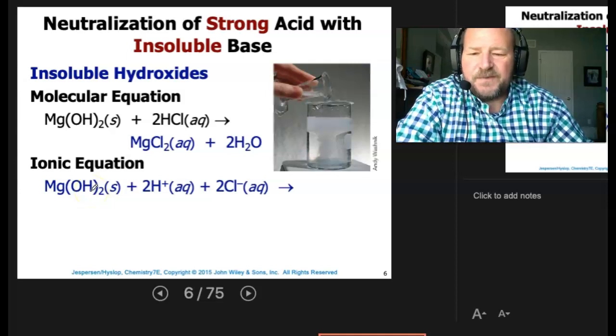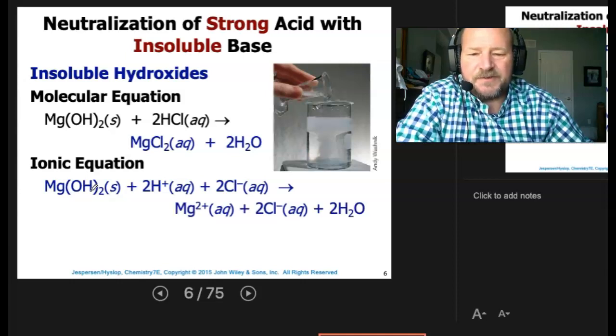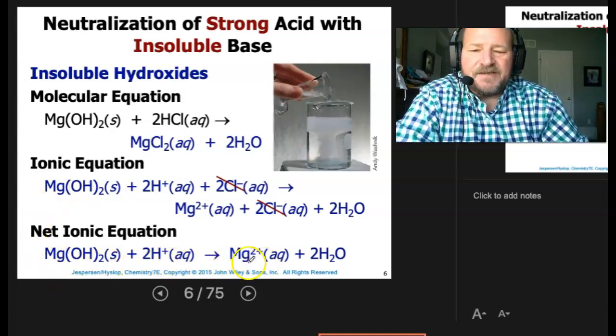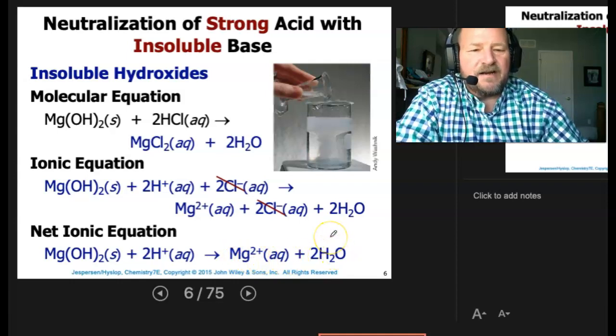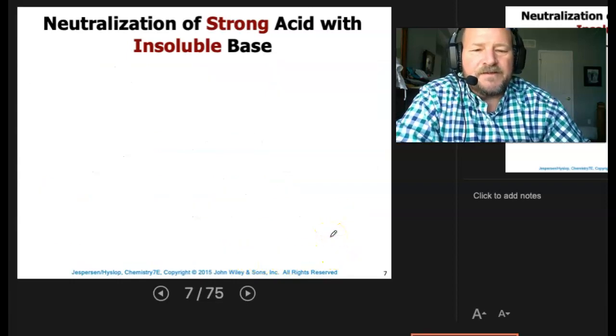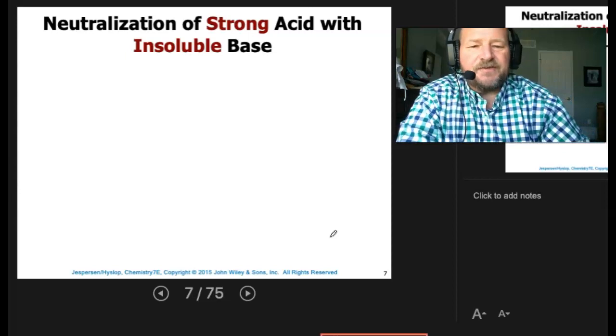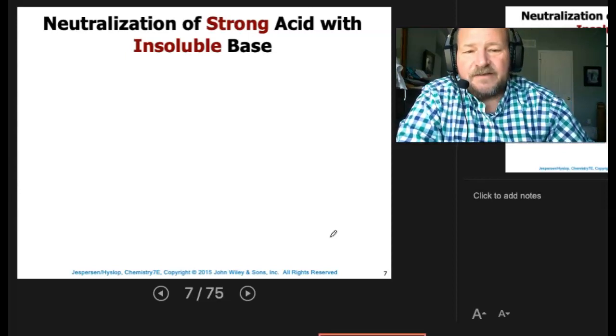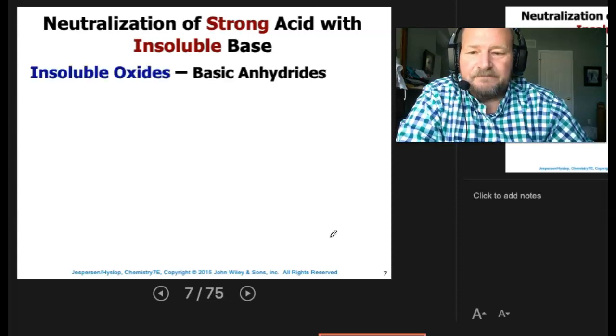Then we'll have our 2H plus and two Cl minus, which means we'll make a magnesium ion, some chloride ions, and water. Of course, the chlorides will cancel out. So our net ionic equation shows that base plus acid gives us a magnesium ion and a couple of waters. Again, you're just following your neutralization reaction just like an ionic reaction. We go through the ionic step and then the net ionic step.